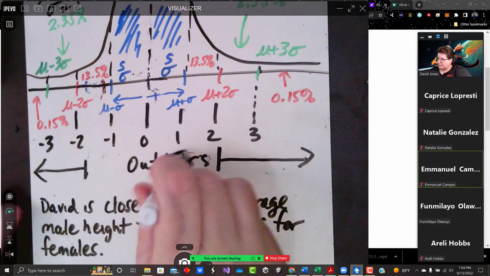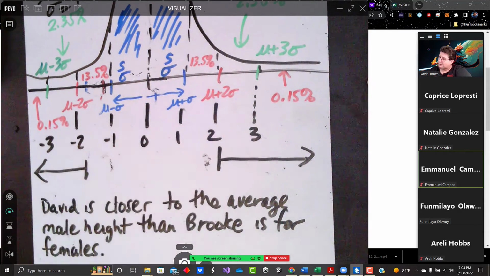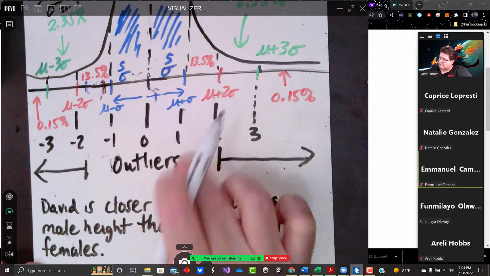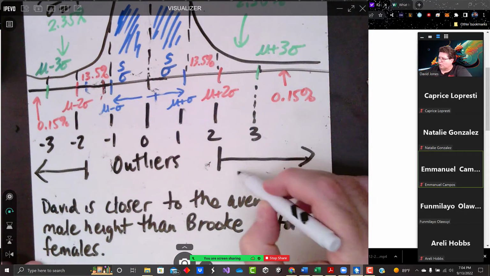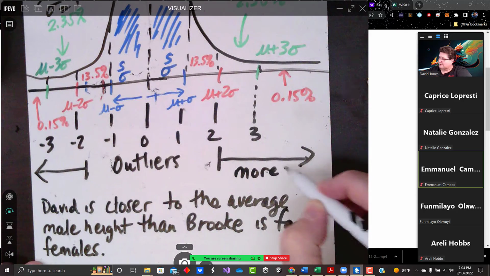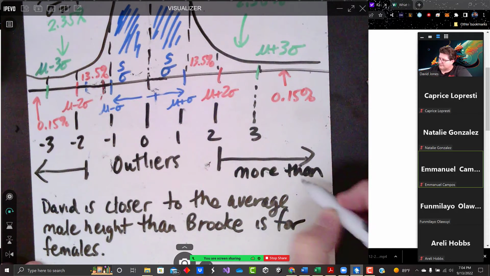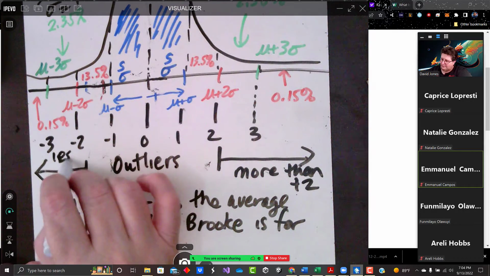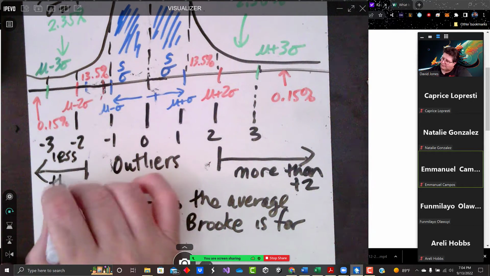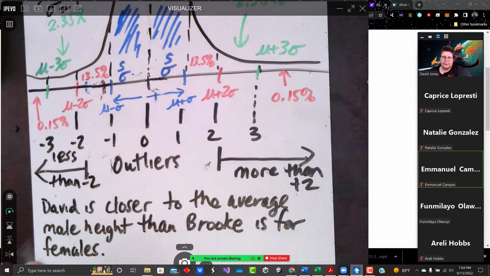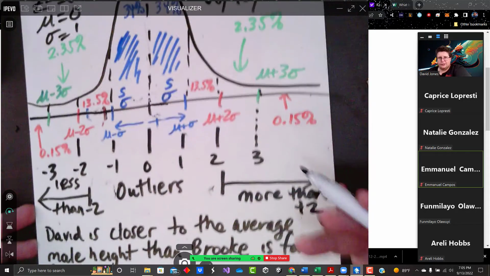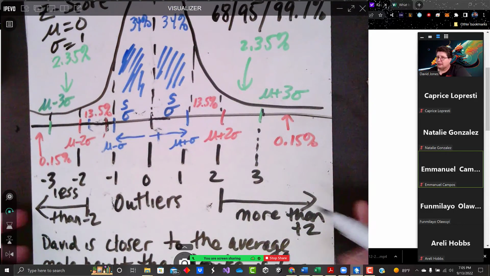So it's more than 2 deviations away. More than positive 2, less than negative 2. That puts it in the outer 5%. We bring this down where you can see the percentages a little bit better.